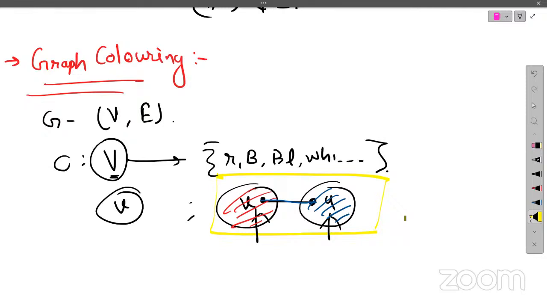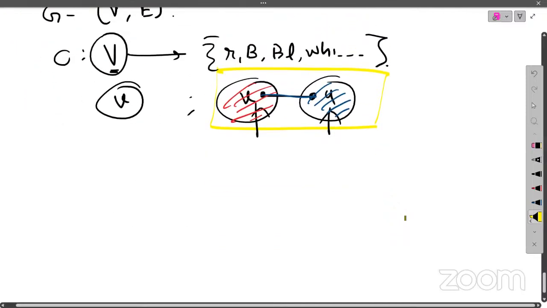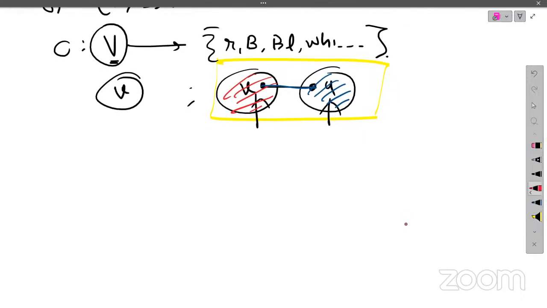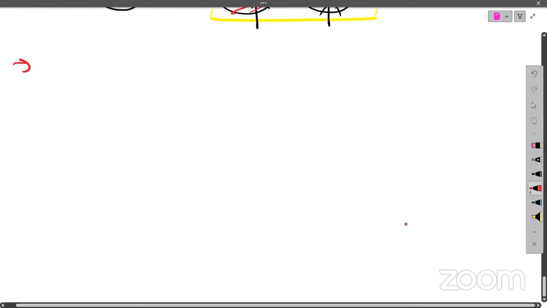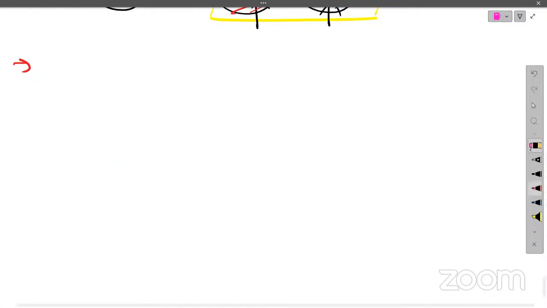Okay, now let's do an example, then it will be much clearer. Suppose I give you a graph. Suppose I have a vertex number 1 here.